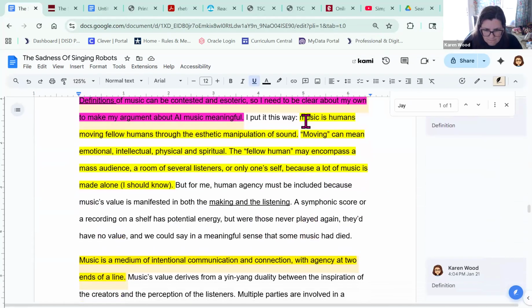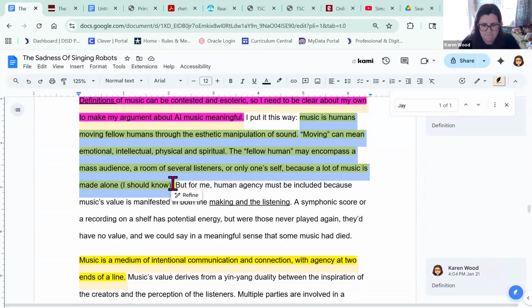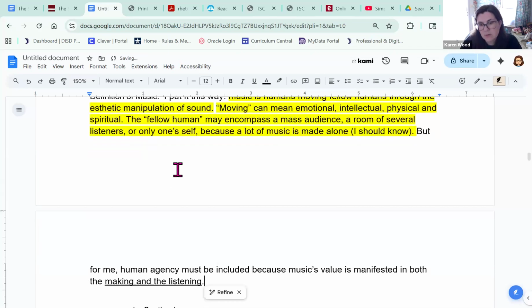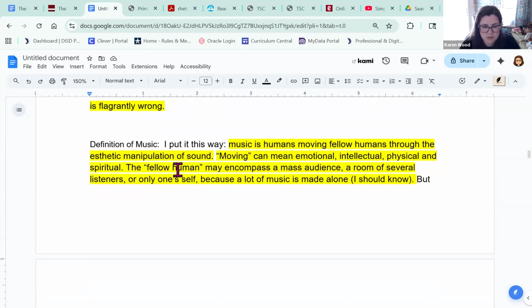Here we go. Okay, I like this whole quote, but this is too long. So I'm going to put the whole thing in here. However, when it comes time to actually edit my essay, I'm going to pare it down because this is too long, I think.